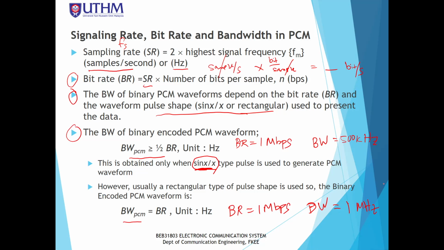So bandwidth is in terms of hertz. Okay, bandwidth in terms of hertz. So this is if we use a rectangular pulse shape during the sampling process.